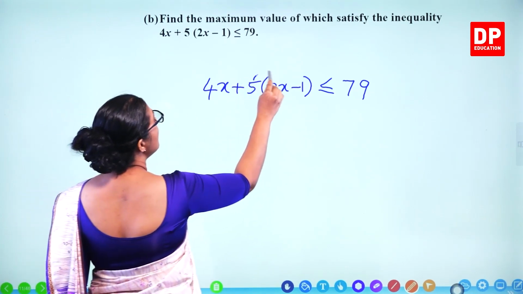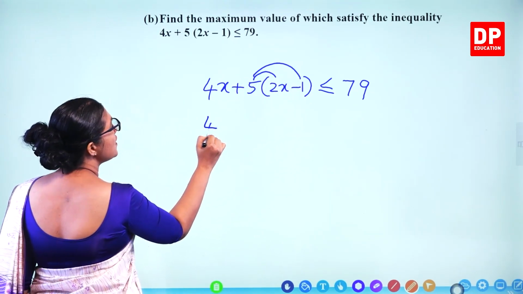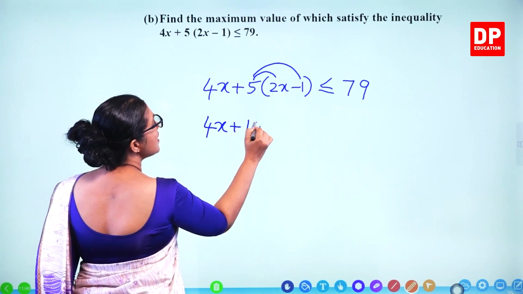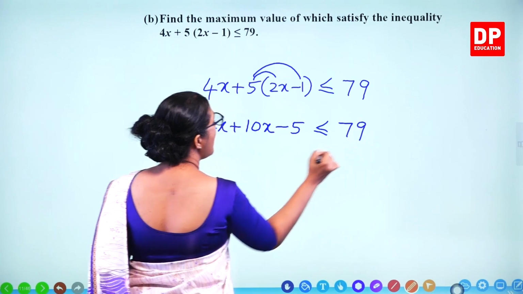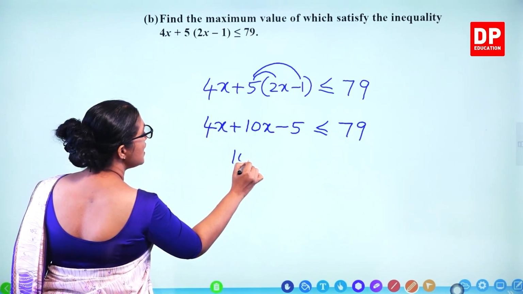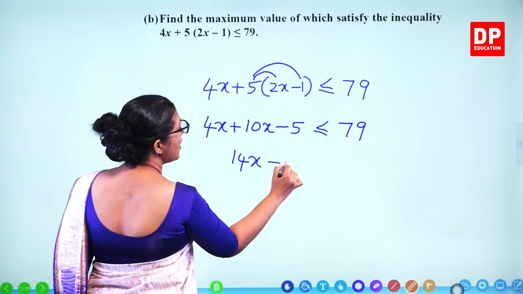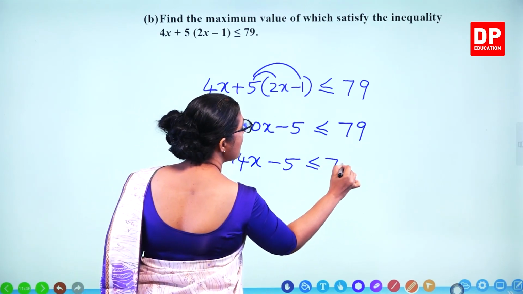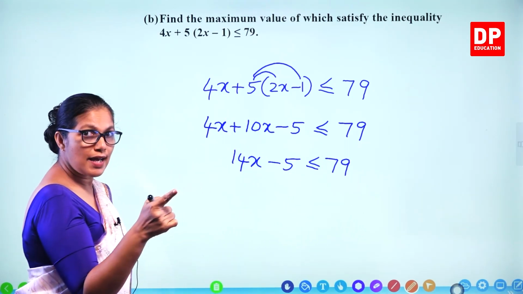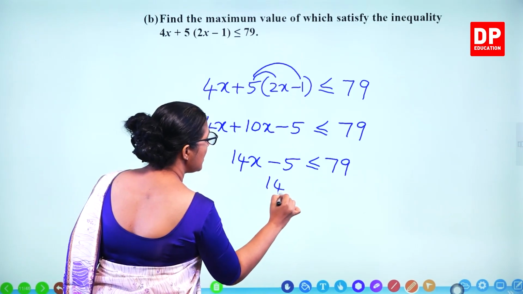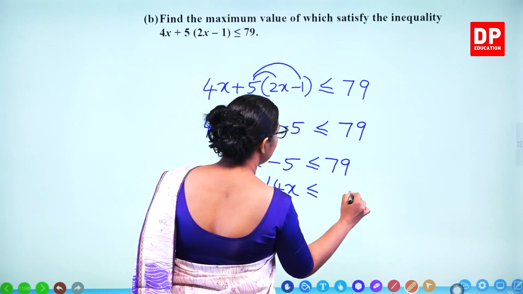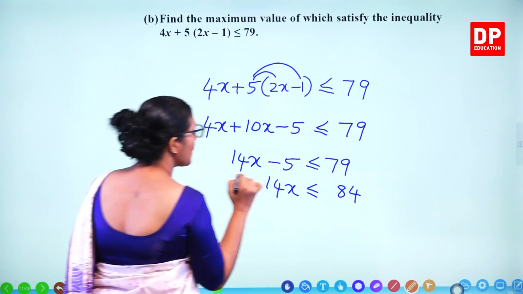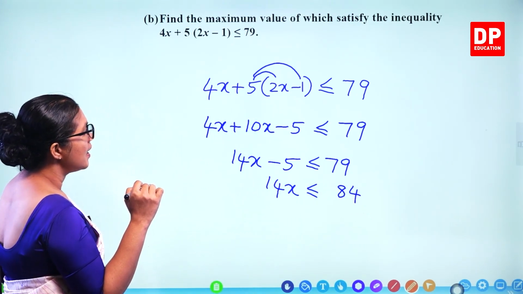So, we can expand the brackets first. 10x, 5 minus 1, 5, less than or equal to 79. Then 14x minus 5 is less than or equal to 79. Take minus 5 to the other side. 14x less than or equal to 79 plus 5, which is 84.